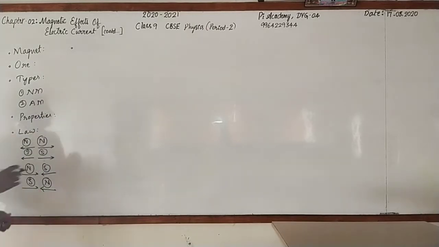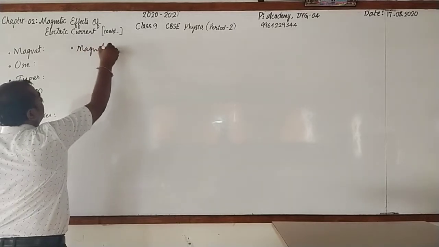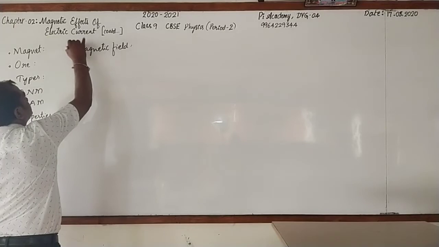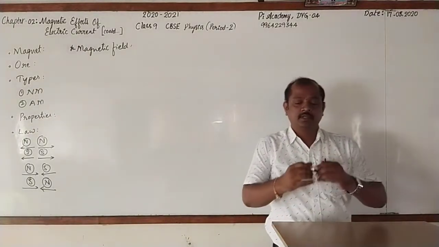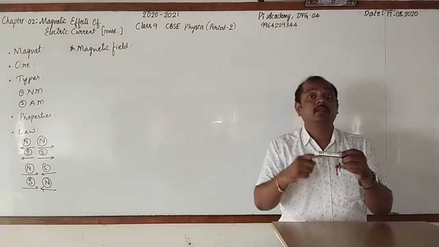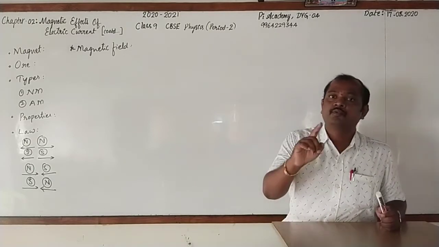we have come across another important term, that is magnetic field. Magnetic field, a very important term it is, so I am just putting a star mark. What is magnetic field? Yes, it is the region around a magnet where the magnetic force is present and the magnetic effect is felt, right?